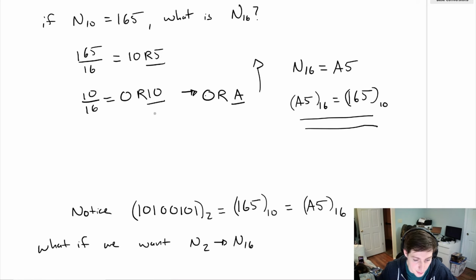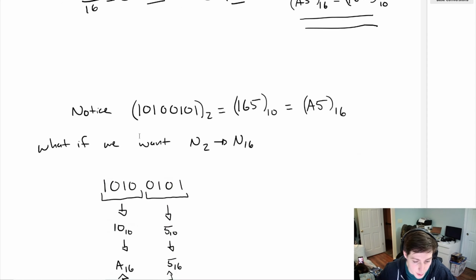And because we're at that 0 point, we stop. Now looking back up the ladder, you can see that we have a 10 and a 5. But recall that that 10 in hex would become an A. So going back up the ladder, we would have A and then 5. So our 165 base 10 would be equal to A5 base 16.